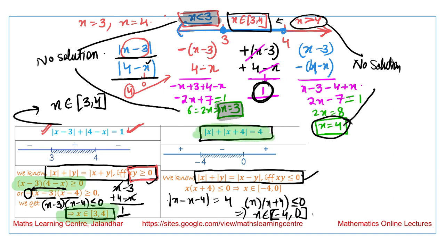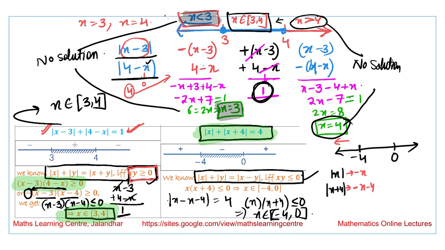Similarly, for this case we can solve in the same way. If we plot these numbers on the number line, we have minus 4 and 0. We are talking about the values of mod x and mod of x plus 4 in these regions. In the first region, when x is less than minus 4, the value of the first term will be minus x and the value of this term will be minus of x plus 4.